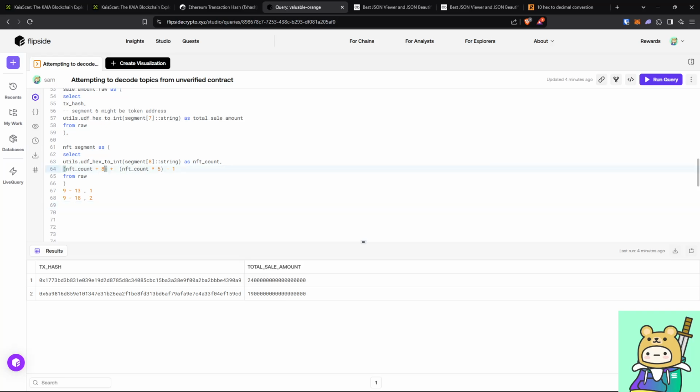So maybe we just hard code 9 here. So something like 9 plus NFT count times 5. This would result to 1 times 5, 13. Okay. And then if it is 2, 2 times 5 is 10, 19.